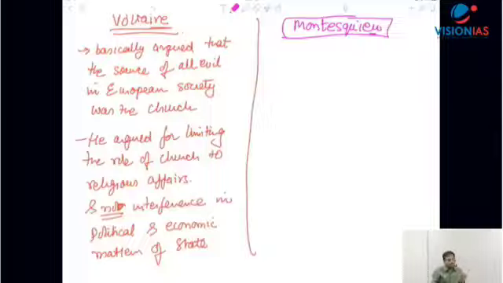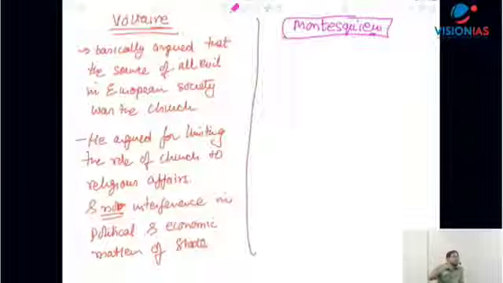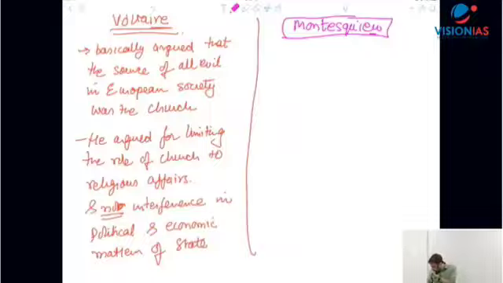The problem is that there is too much power in one authority. The church also has a similar problem. It has revenue collecting powers, judicial powers, and interference in day-to-day political matters.